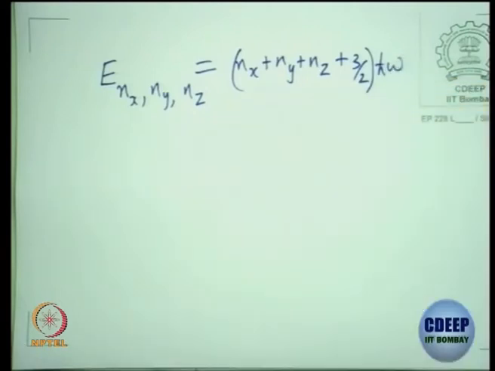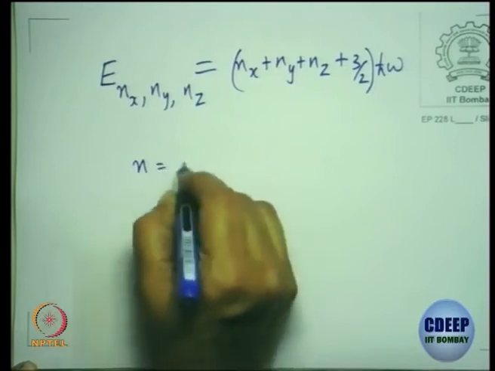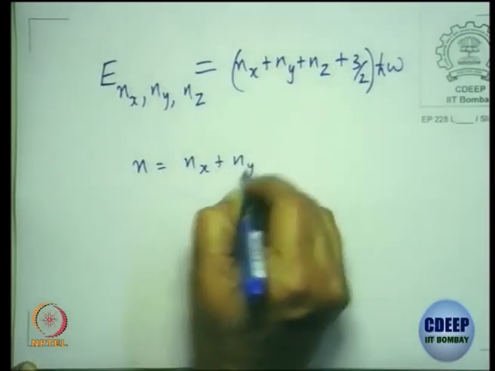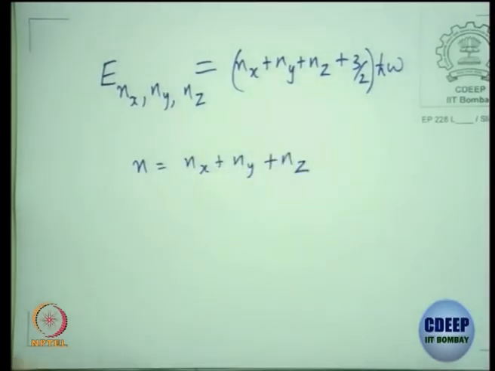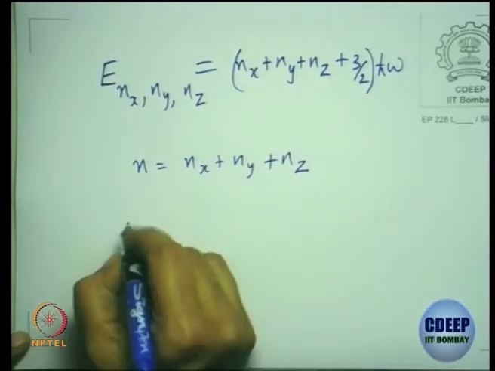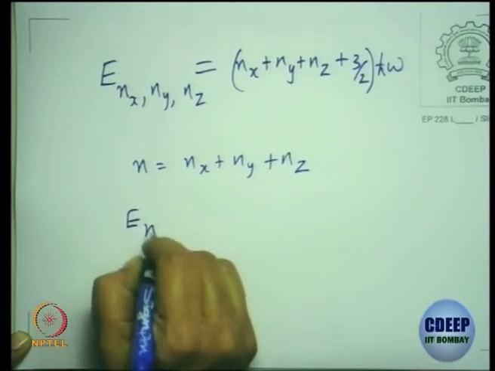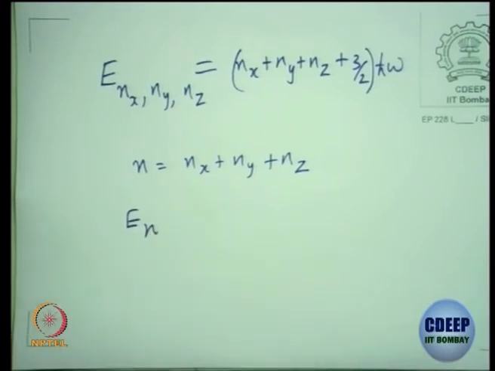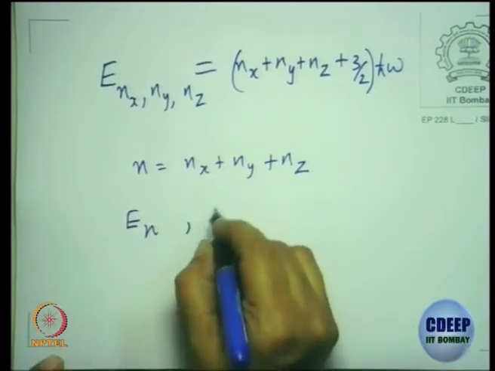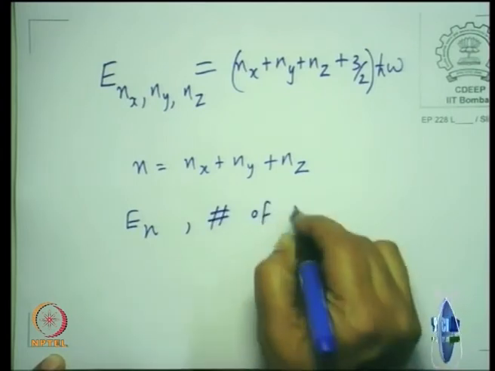Is that right? I can call n to be nx plus ny plus nz. So, if I want to find, for a specific energy En, what is the number of possibilities?